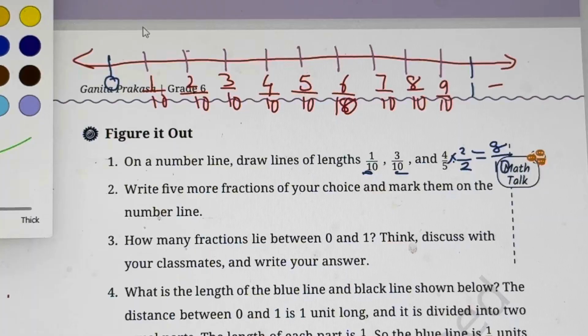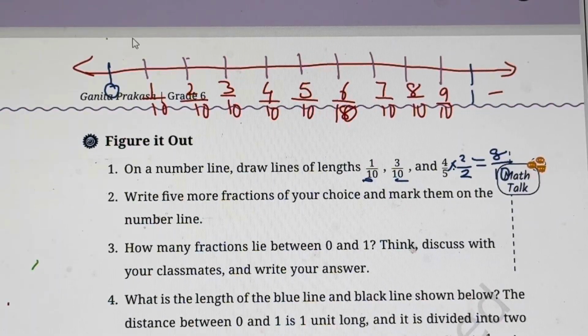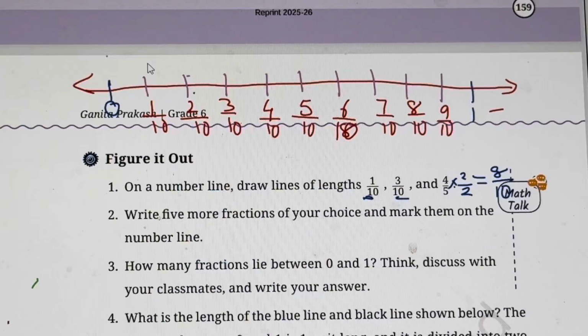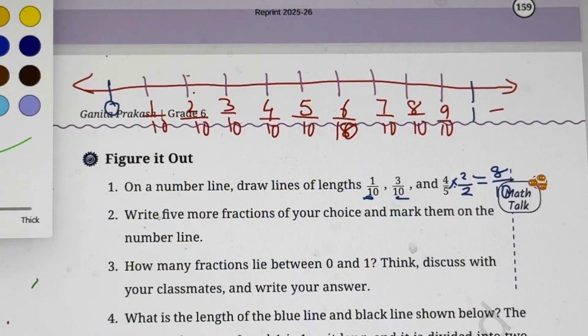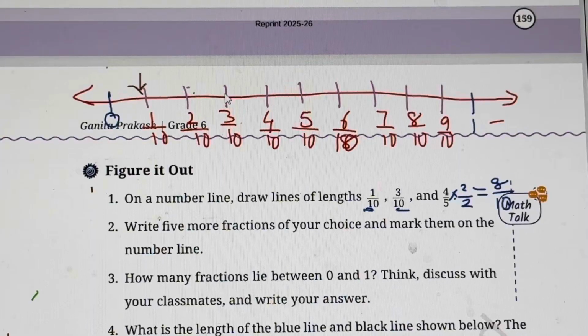So you can use an arrow to show the ones which are asked. So 1 upon 10 is asked. So 1 upon 10, you can mark with an arrow. Or you can draw blue lines like the ones which were shown. 1 upon 10, then the second one was 3 upon 10.